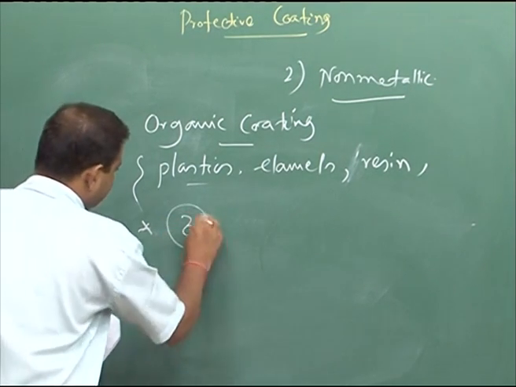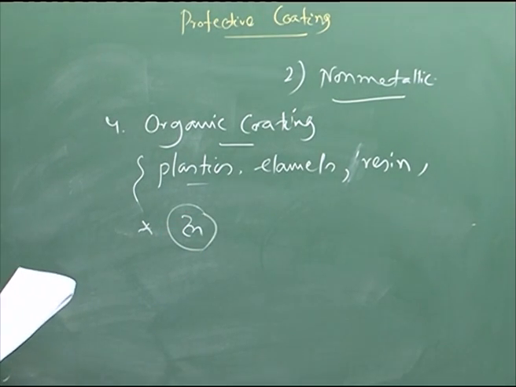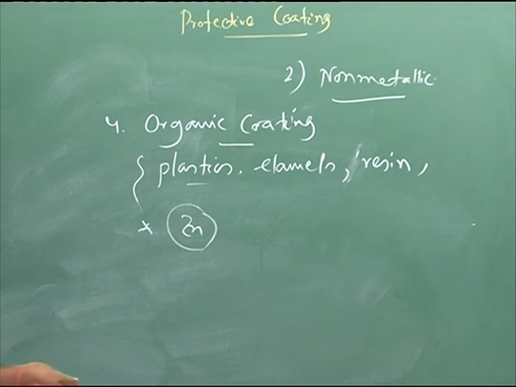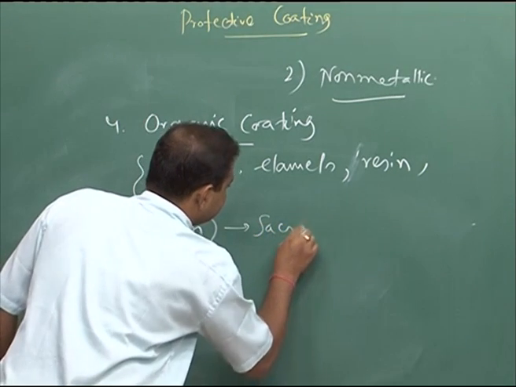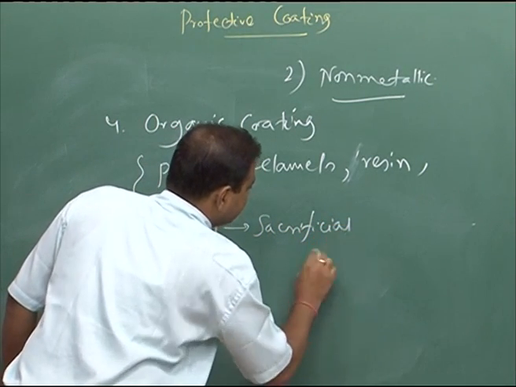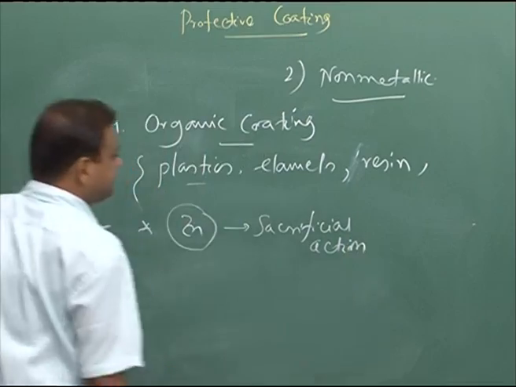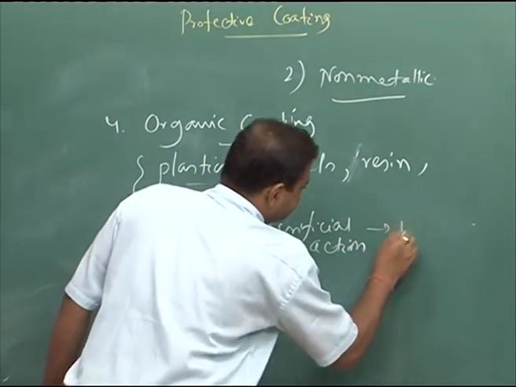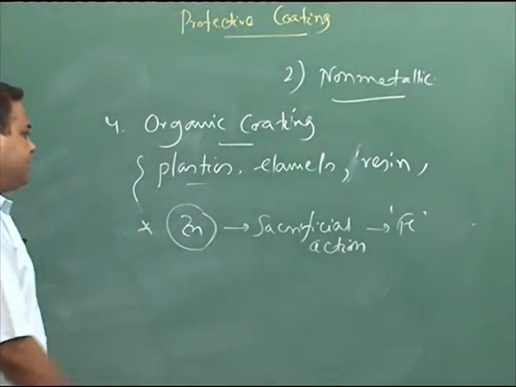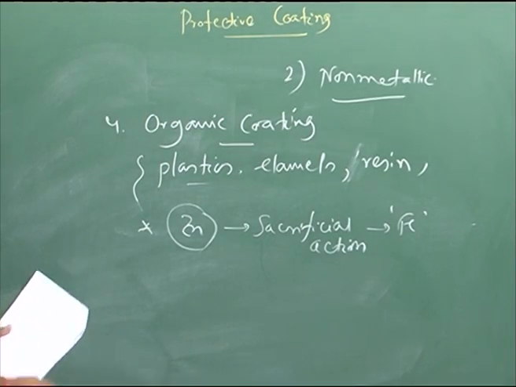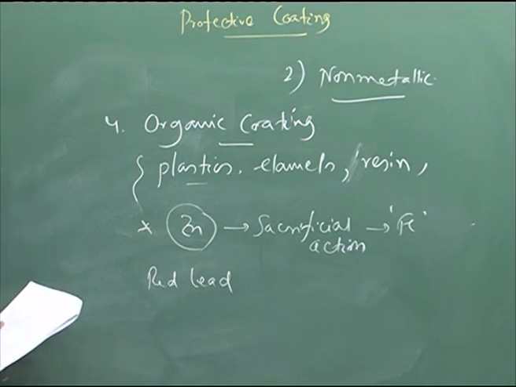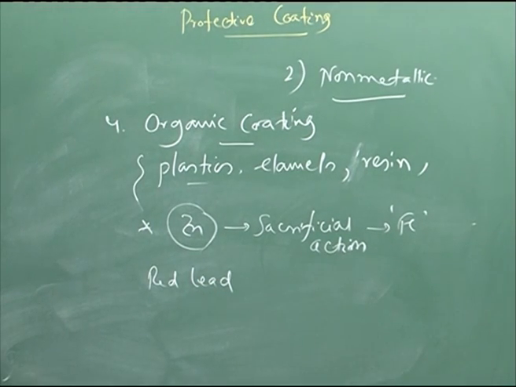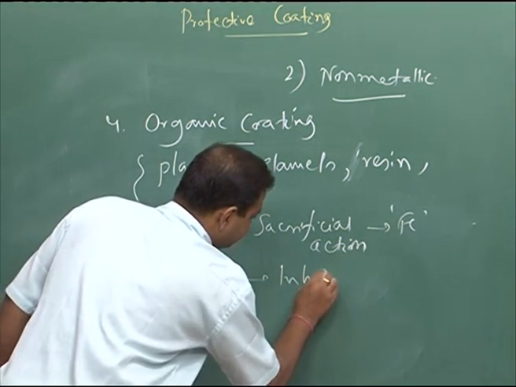The zinc would have sacrificial action with respect to iron. So, zinc is added, and many times red lead or zinc chromate is added, which acts as an inhibitor.